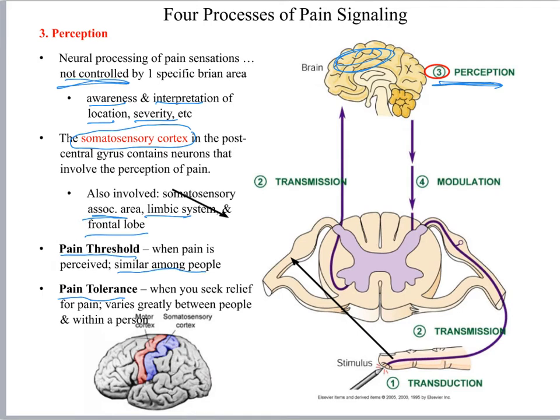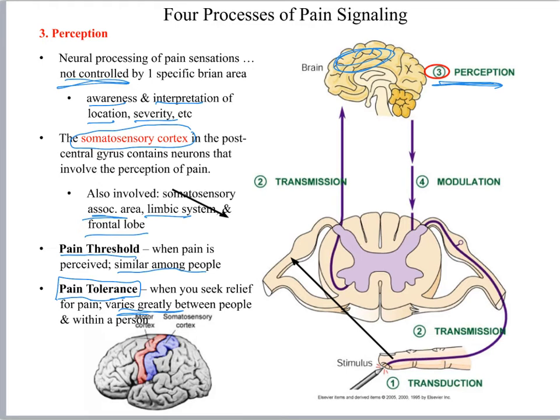Okay, but what's different amongst people is pain tolerance. So pain tolerance is when, in a clinical situation, they use when do you seek relief for that pain, where it's like when it's getting to be too much. This varies greatly between people, and it can also even vary within a person.